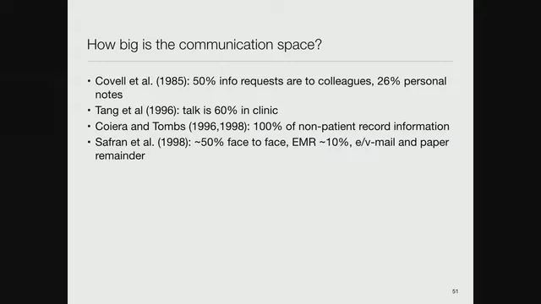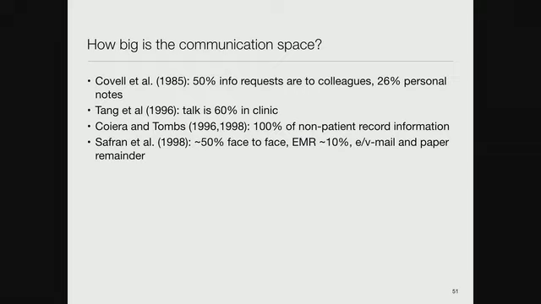But he's kept at it. So he said, well, how big is the communication space? He cited a 1985 study that said about 50% of requests for information are ones that people ask a colleague for, versus 26% that they look up in their own notes.